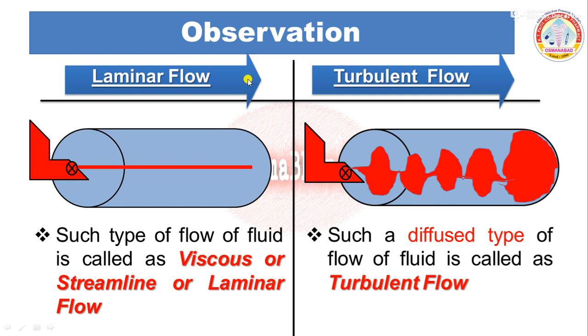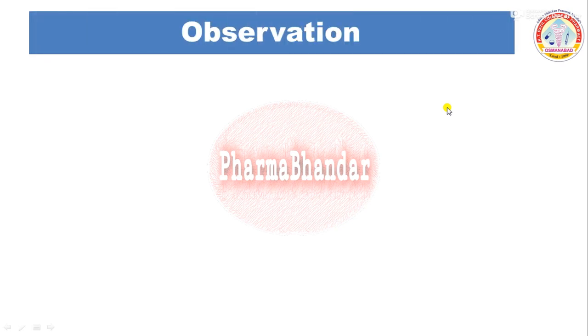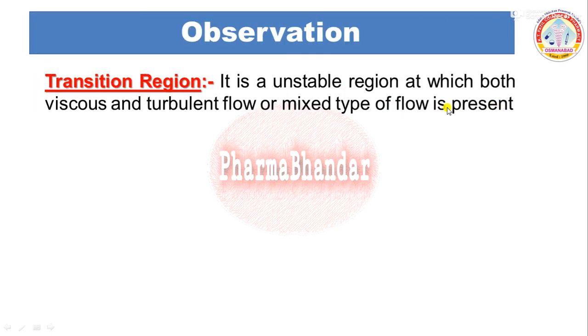Along with laminar and turbulent flow, Reynolds observed a third region, called the transitional region, which is unstable and unpredictable, where both types of flow are present, or a mixed type of flow is present.